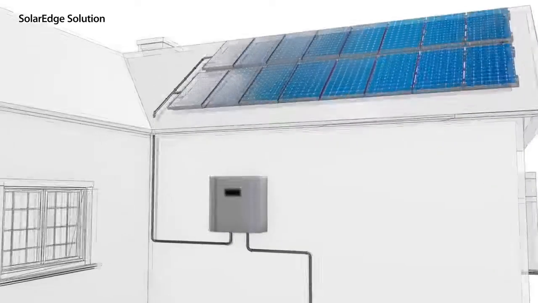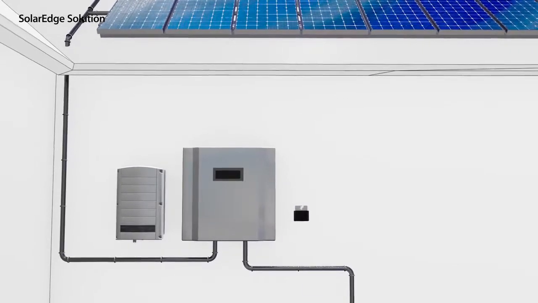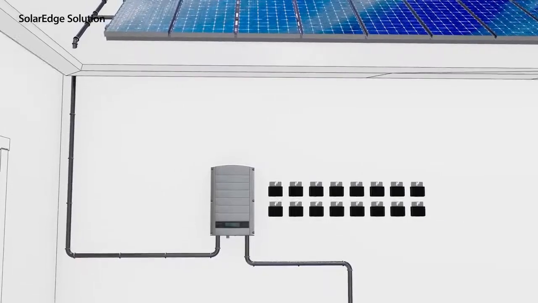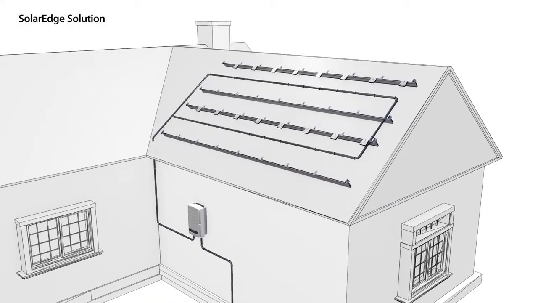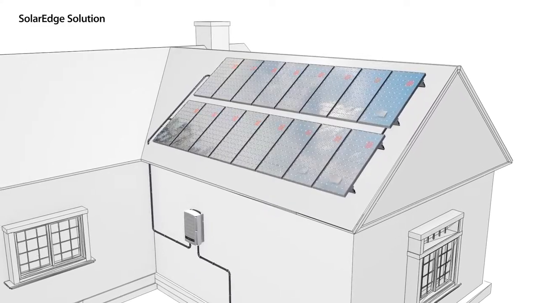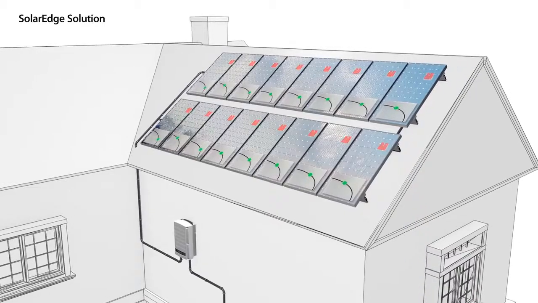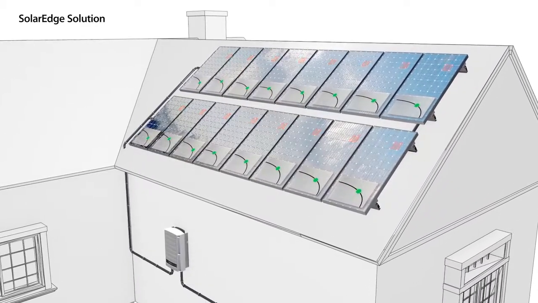Our solution splits the traditional inverter functionality into two products: the Power Optimizer and a simplified inverter. The Power Optimizers are located on each panel, turning the panels into intelligent panels. These Power Optimizers provide panel-level tracking and real-time adjustments of current and voltage to the optimal working point of each individual panel.